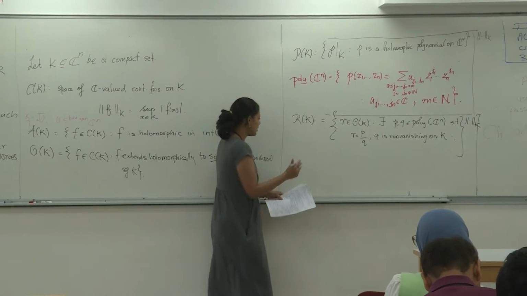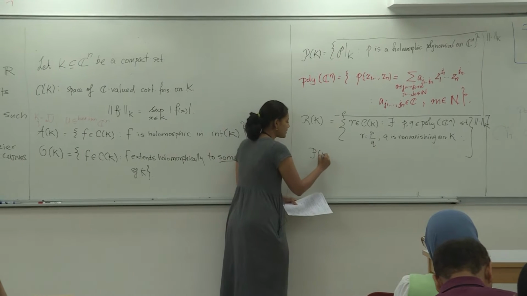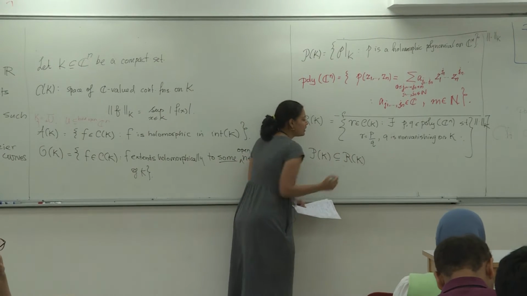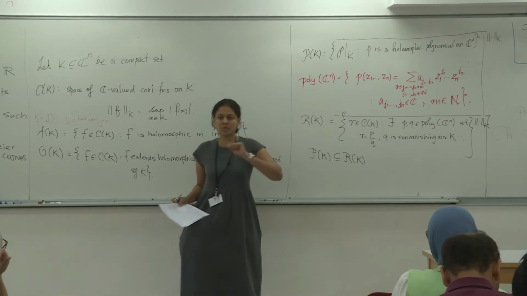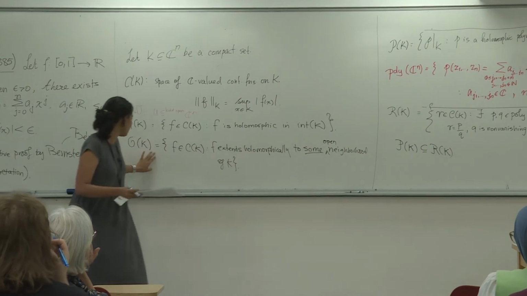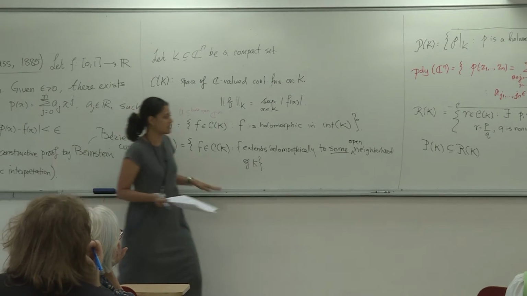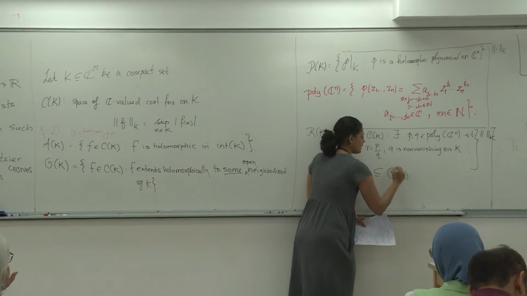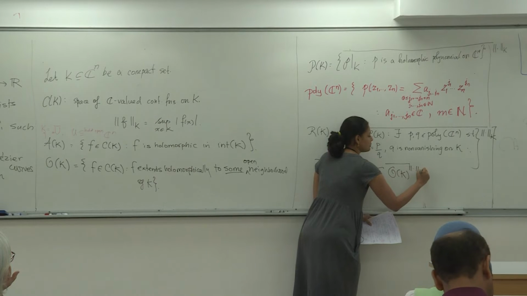We have some obvious containments. These spaces are closed by design. I've taken their closure in the sup norm. You can go back and think about this. This is not closed, so I'm just going to take its closure in the sup norm.